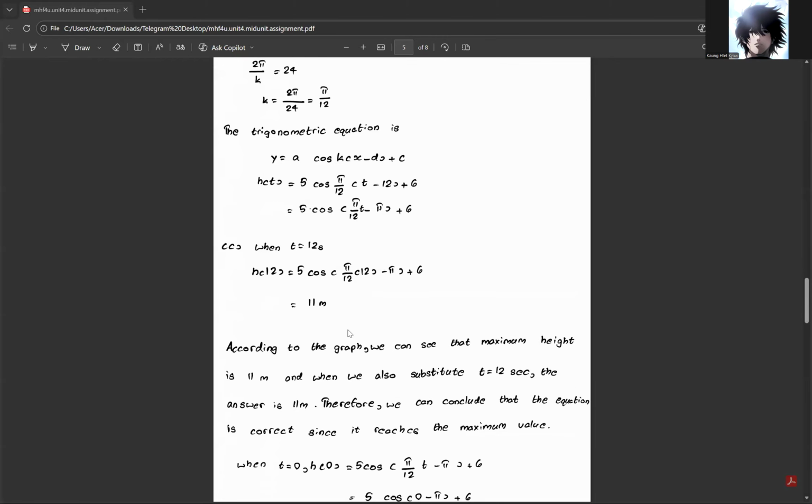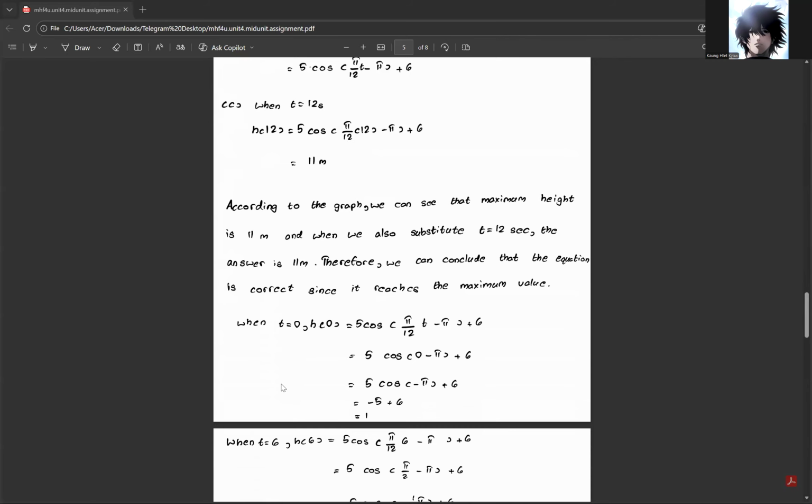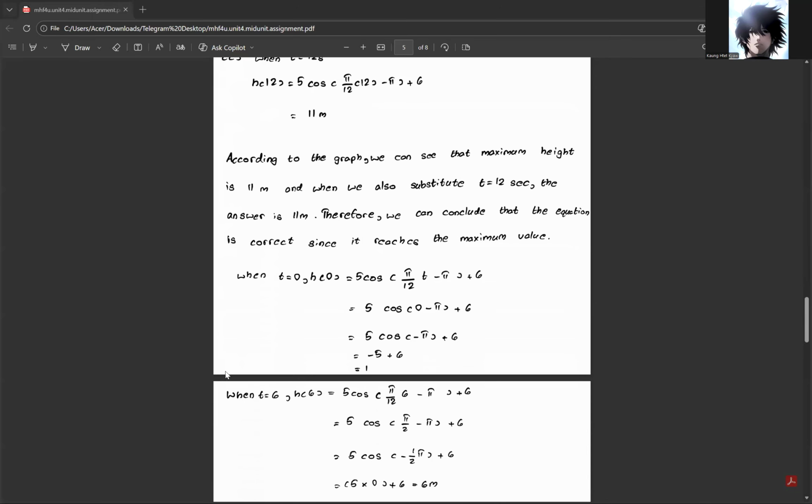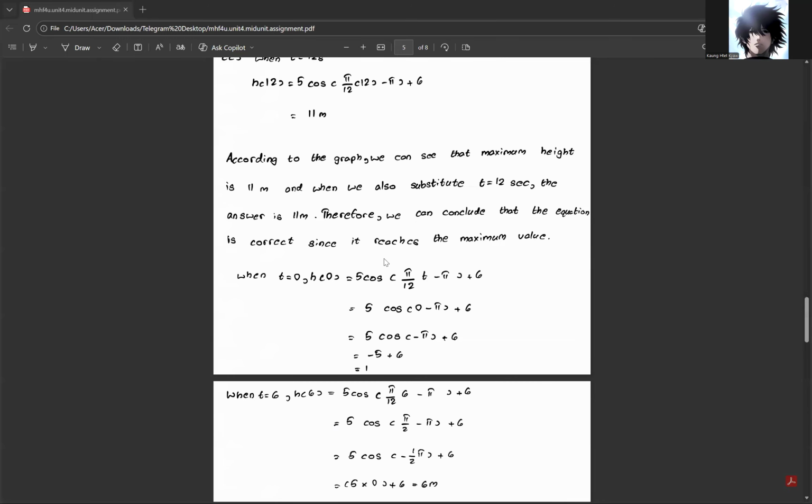That confirms the equation is correct. Two other good check values would be t equals 0 and t equals 6.